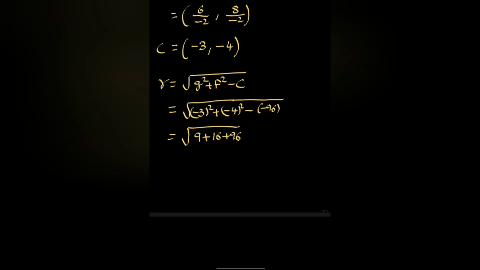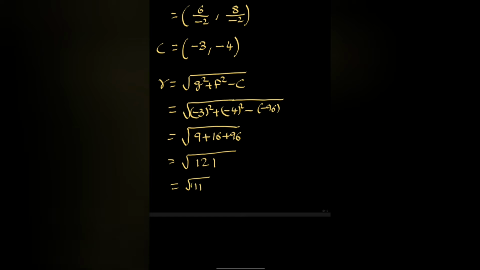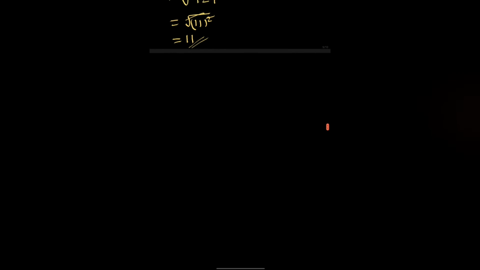Here 96 plus 16, it's 112, and 112 plus 9 is 121, which is 11 square. Square and root get cancelled and the answer is 11. So this is the answer. Moving on to the next sum.